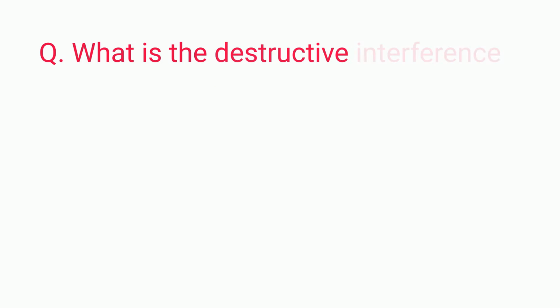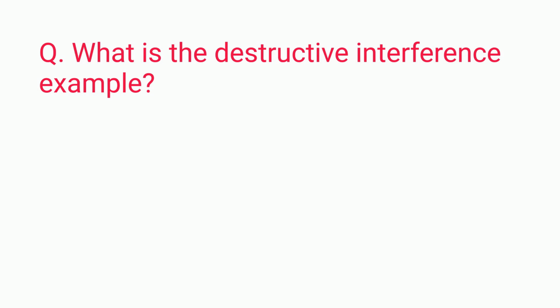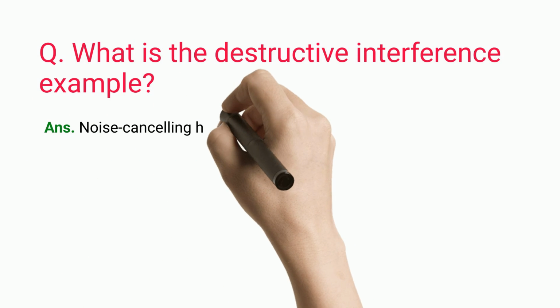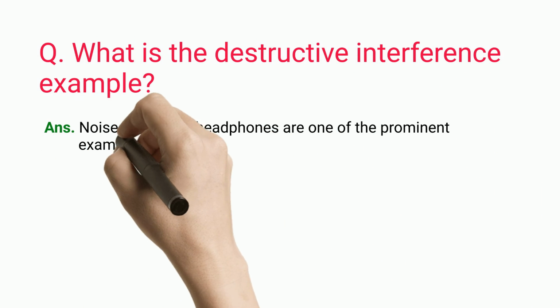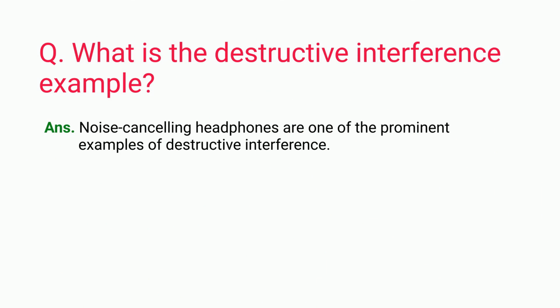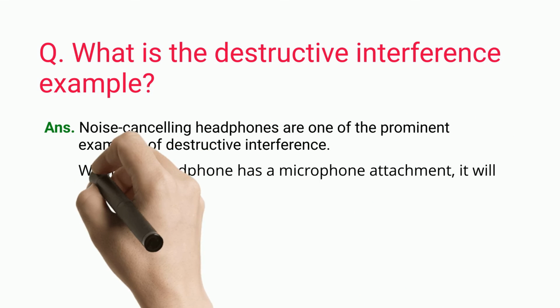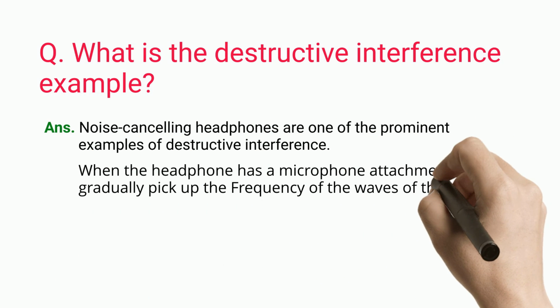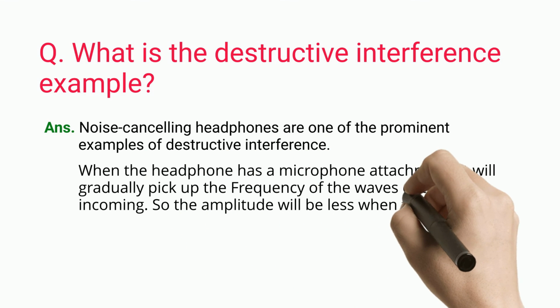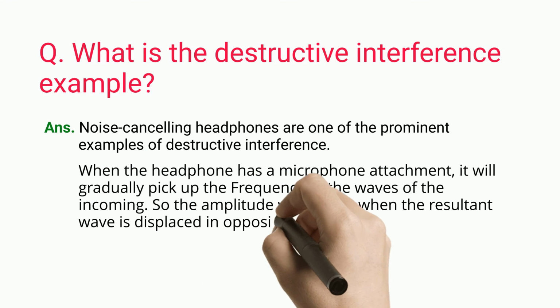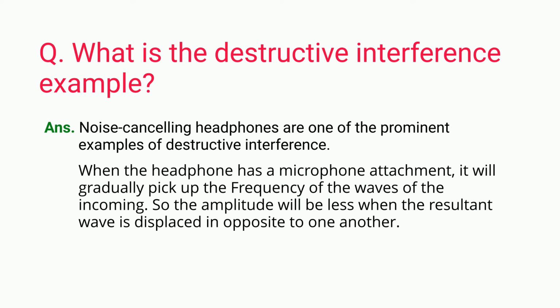What is a destructive interference example? Noise-canceling headphones are one of the prominent examples of destructive interference. When the headphone has a microphone attachment, it will gradually pick up the frequency of the incoming waves. So the amplitude will be less when the resultant wave is displaced opposite to the incoming one.